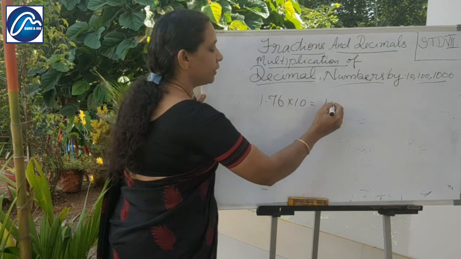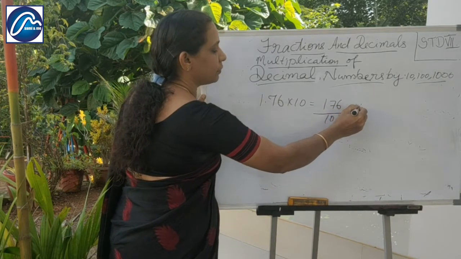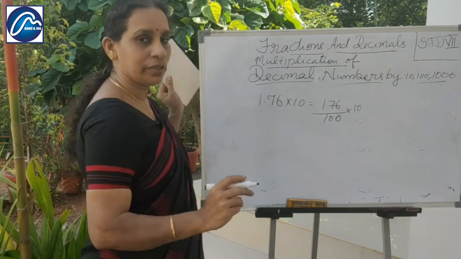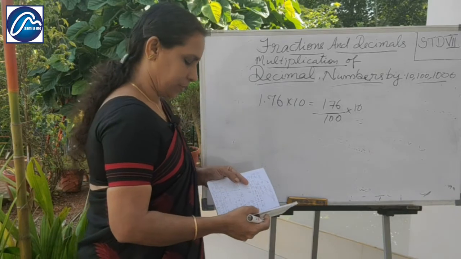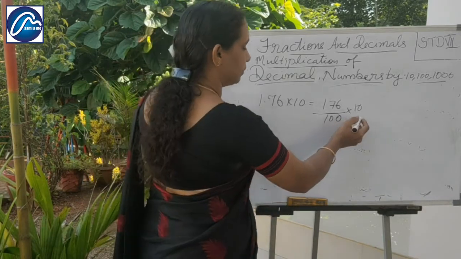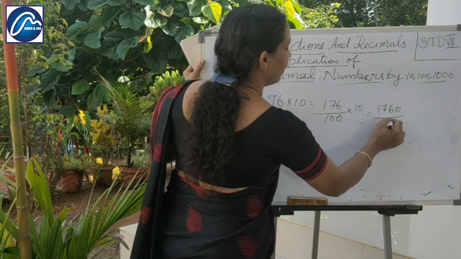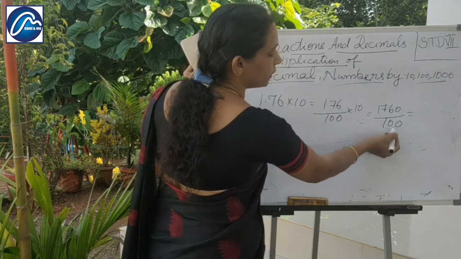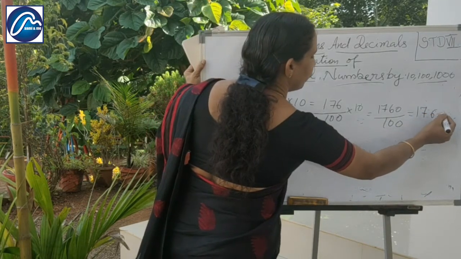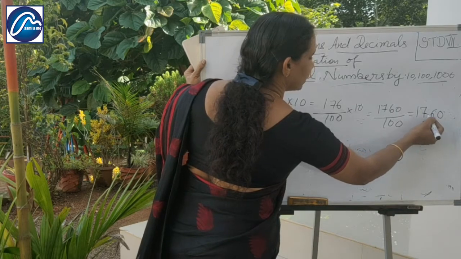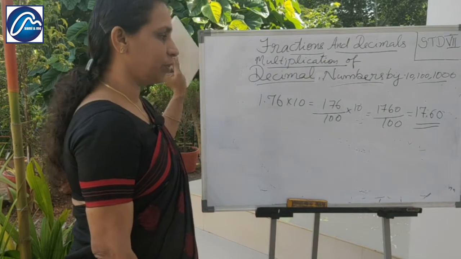This you will write as 176 by 100 into 10. That means this is equal to 1760 by 100. How many decimal places should be there? 2. So we will put the decimal after 2 places. So the answer is 17.60.